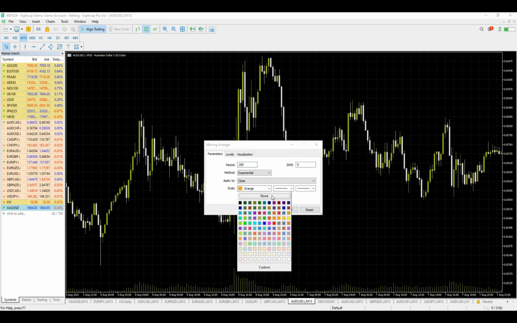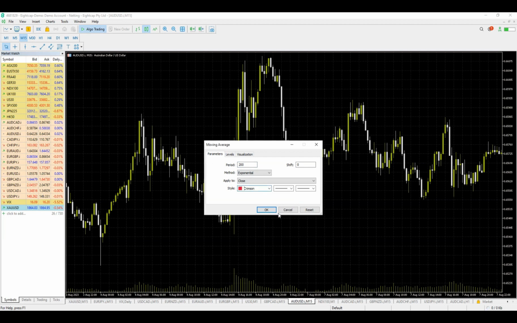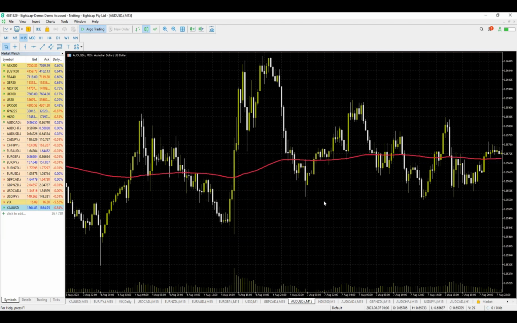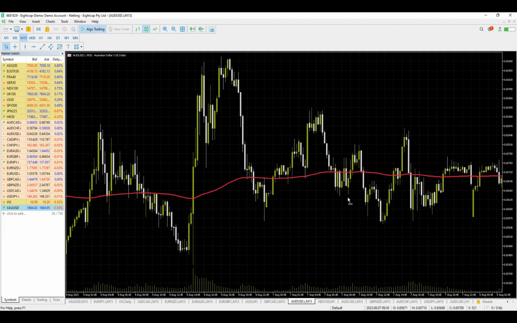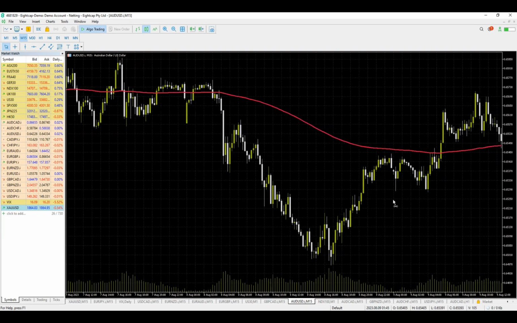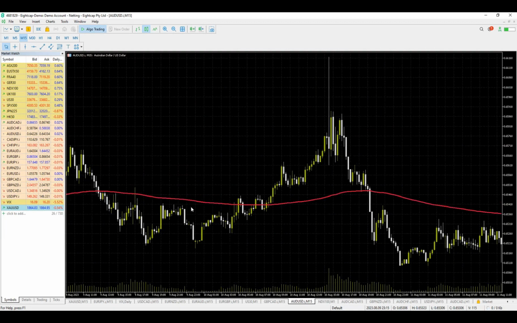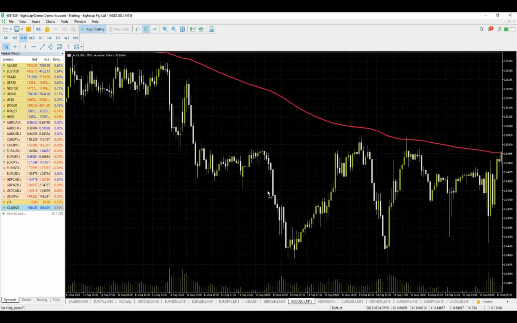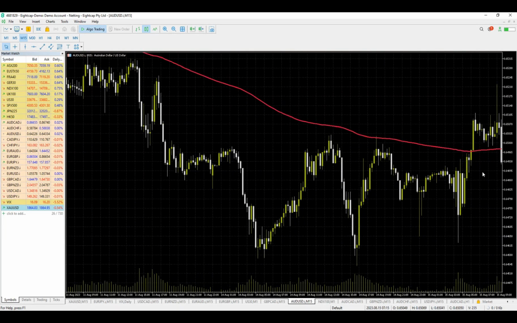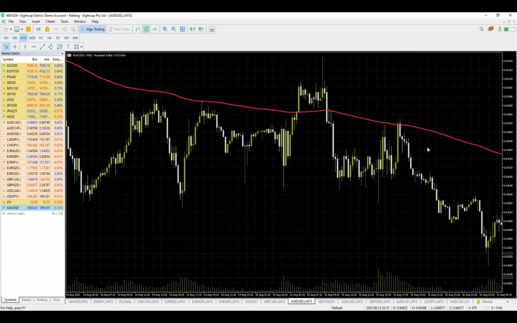I'm going to change it to a bit of a red, and I'm going to make it a bit thicker. That's the basic start. Right, zoom out a bit. Obviously price moves all over the place, back and forth.